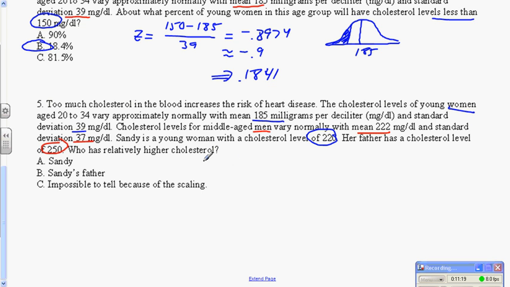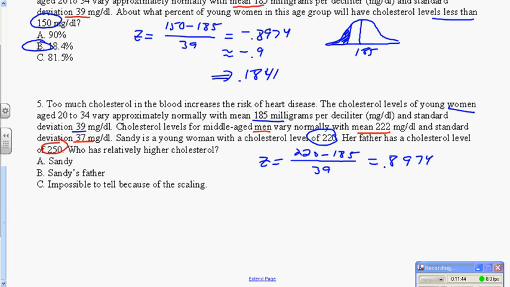Sandy's z would be 220 minus the women's mean divided by the women's standard deviation, and that would give you 0.8974.